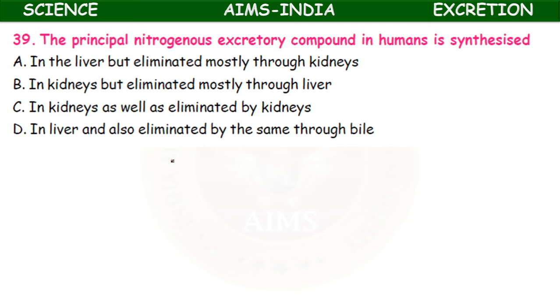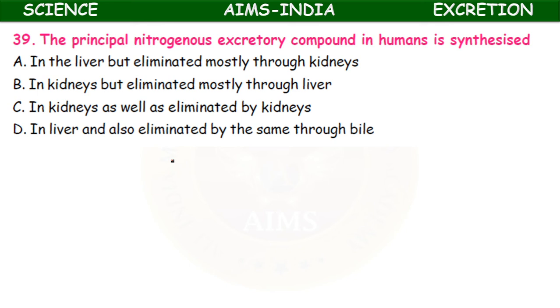The principal nitrogenous excretory compound in humans is synthesized in the liver but eliminated mostly through kidneys; in the kidneys but eliminated mostly through liver; in the kidneys as well as eliminated by kidneys; in the liver also eliminated by the same through bile. What is the correct statement?